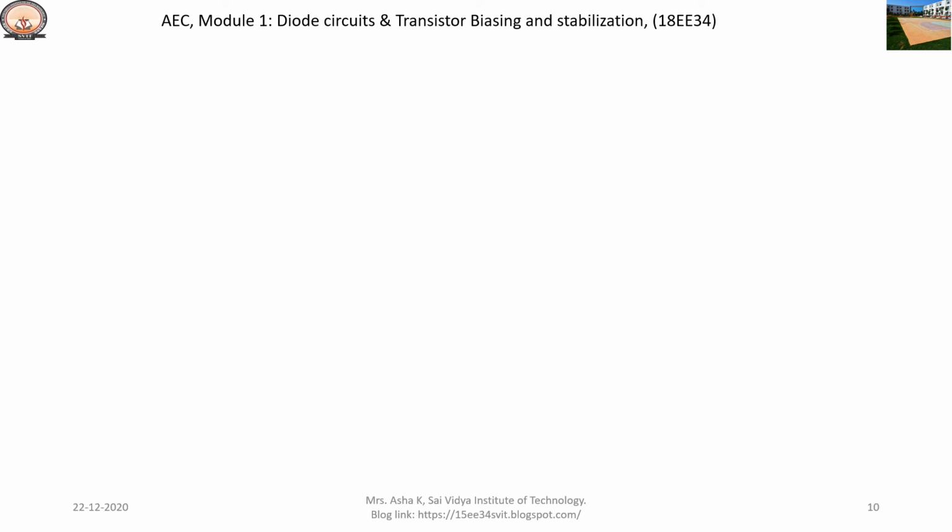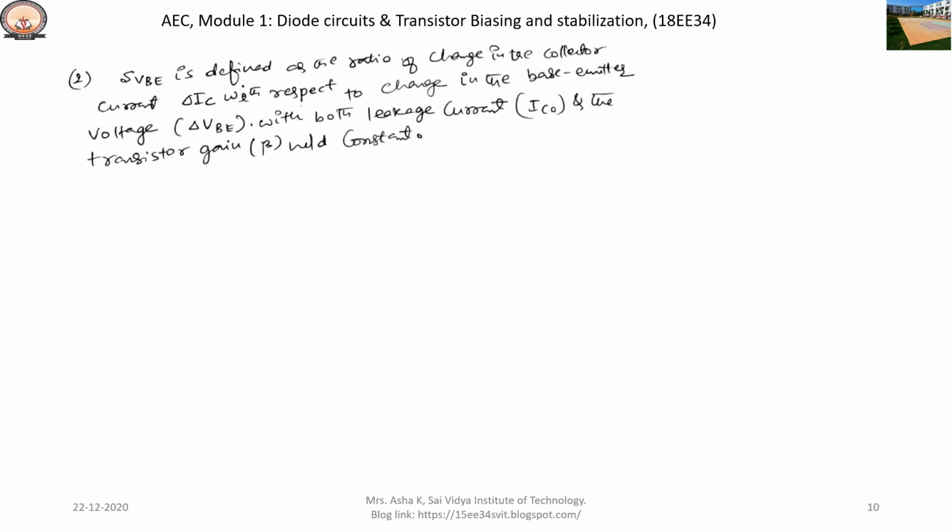The second stability factor that we have here is SVBE. It is defined as the ratio of change in the collector current with respect to change in the base emitter voltage. That is delta IC by delta VBE for constant leakage current and the gain.